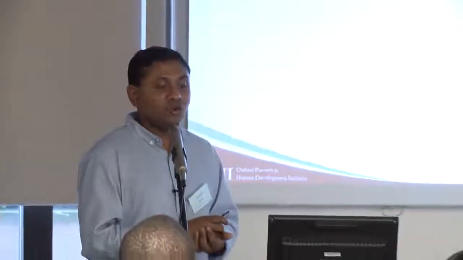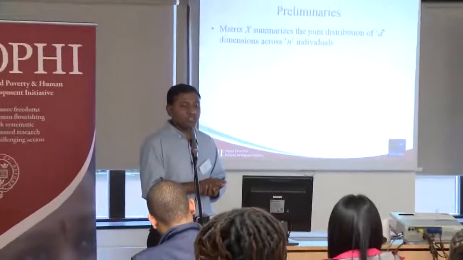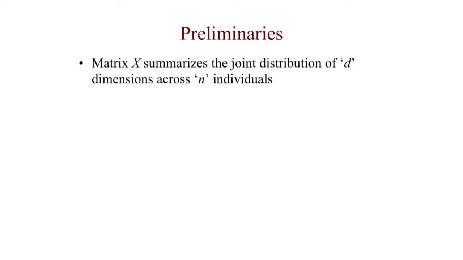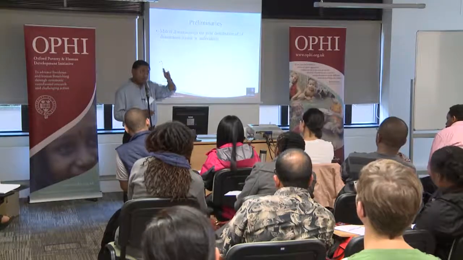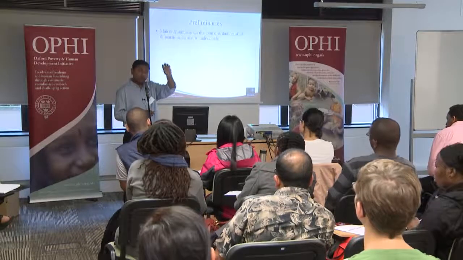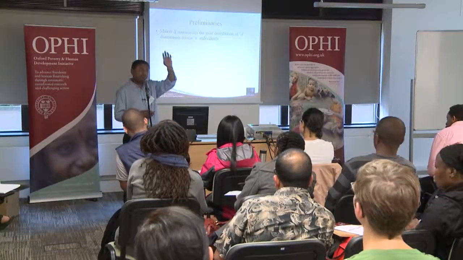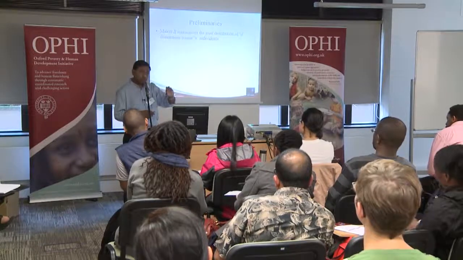So the matrix X summarizes the joint distribution of d dimensions across n individuals. Why do we call it a joint distribution? When we look at, say, the distribution of income only, that means we just look at the first column where you have 4 different values, that is called the marginal distribution of income.